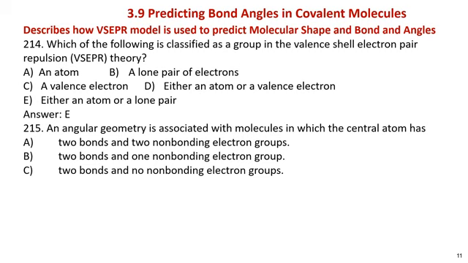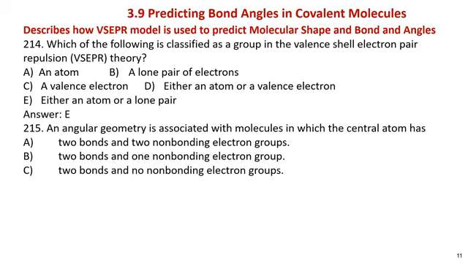Okay, I got it. If you have a lone pair and 2 bonds, this is 2 bonds and 1 non-bond, and that also has an angular shape.